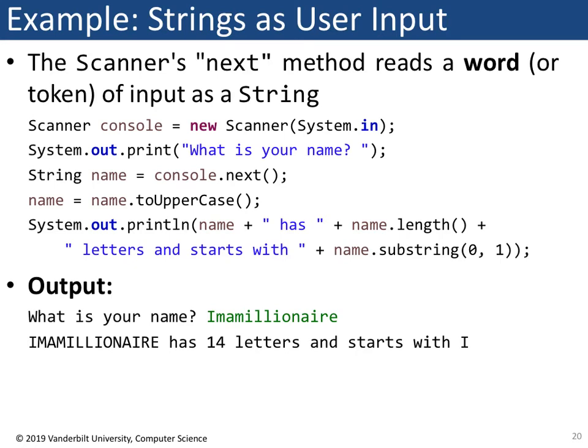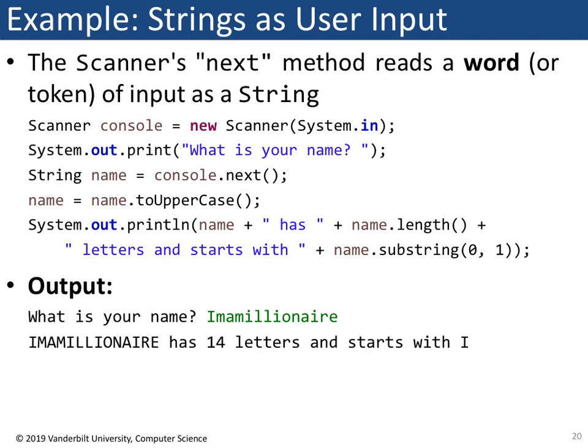We call console.next. The user types in some input, in this case, I'm a millionaire, all one word, presses enter. So there's now something on the input stream after the user presses enter. This next method is going to package whatever the user typed in as a string and assign that string value to name.